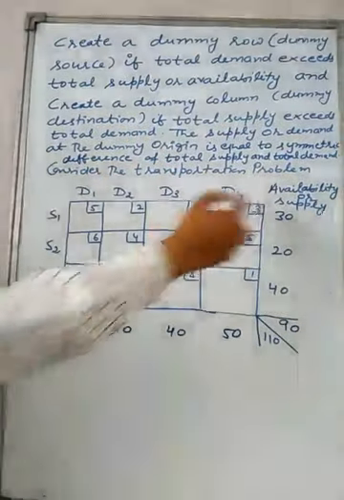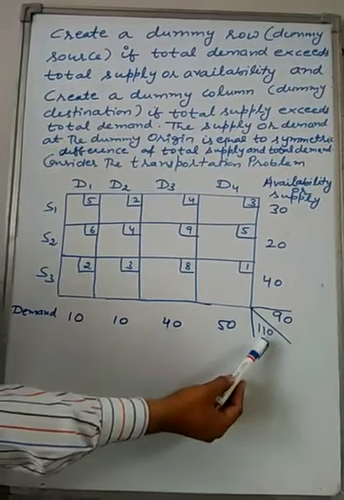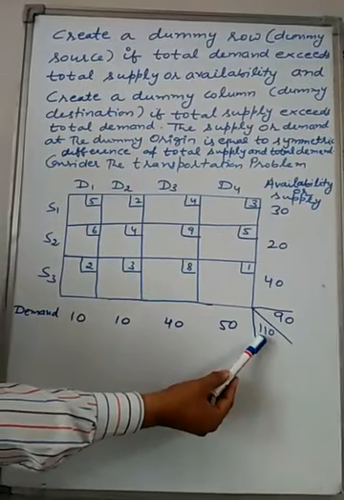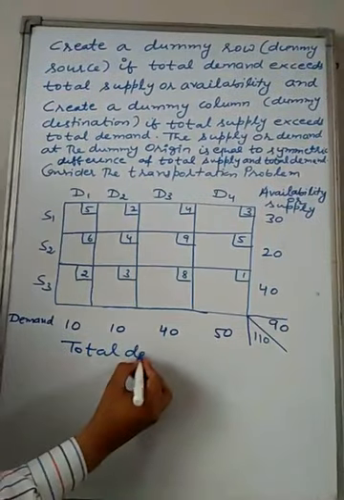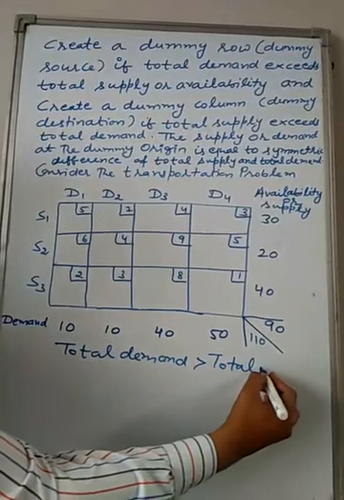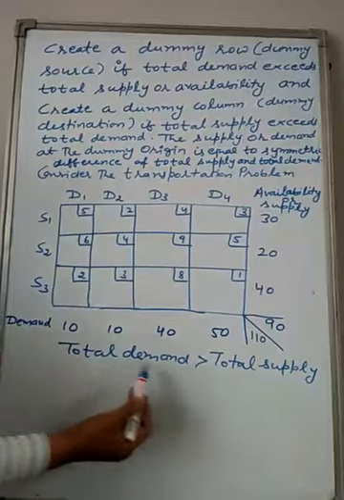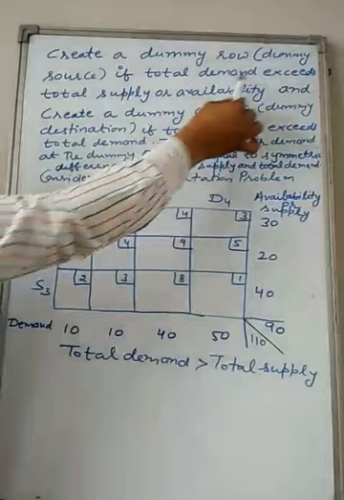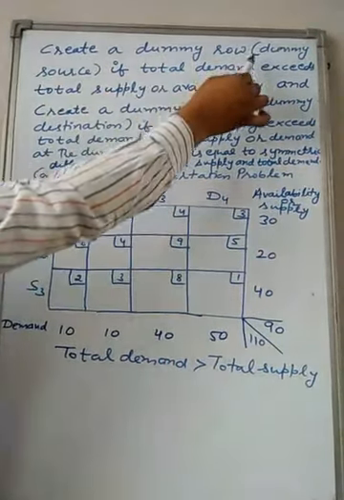Now, as our problem is an unbalanced transportation problem, because here total availability is not equal to total demand, and as total demand exceeds total supply, we create a dummy row.